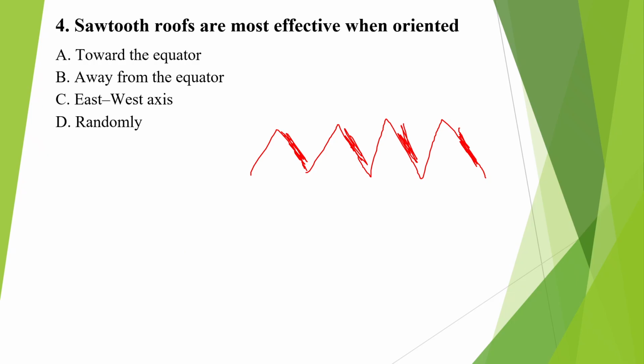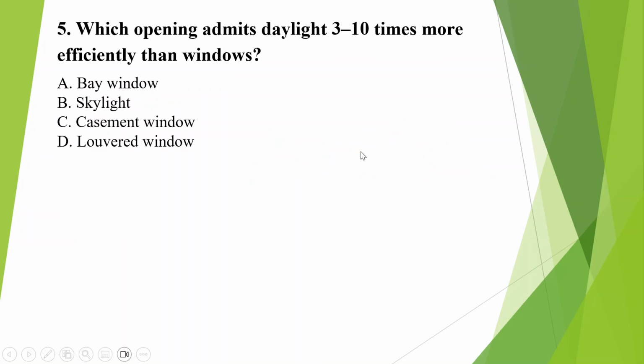Okay. So here is question number 5 for you all then. Which opening type admits daylight 3 to 10 times more efficiently than windows? So it is talking about another type of opening that admits daylight 3 to 10 times more than windows.